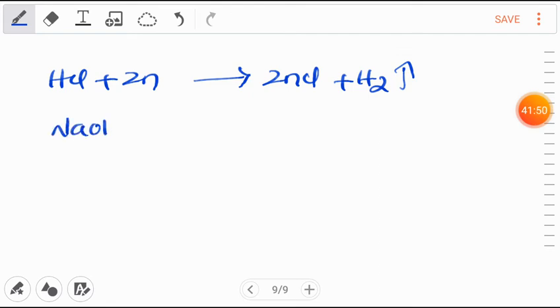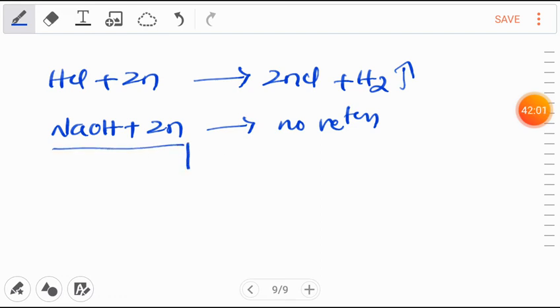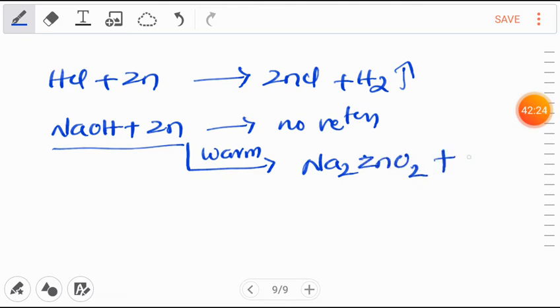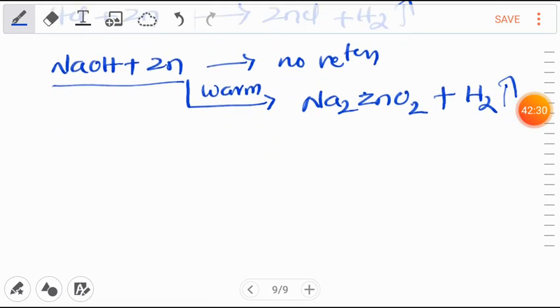Whenever you add sodium hydroxide, there is no reaction. The same, if you warm, then what will you write? Na2ZnO2 plus H2 gas is released. So this is the difference. You can remember this one.